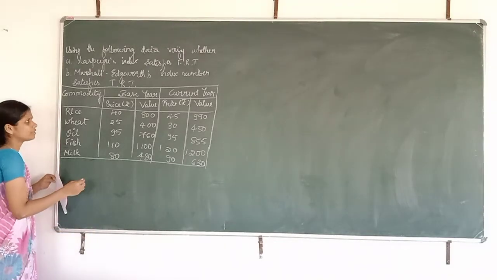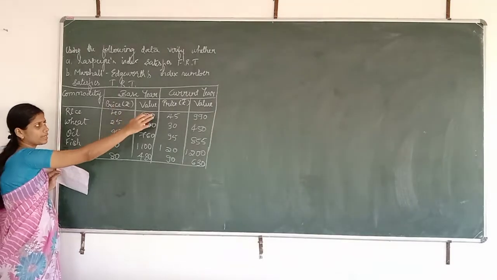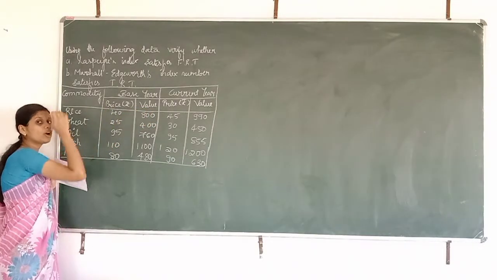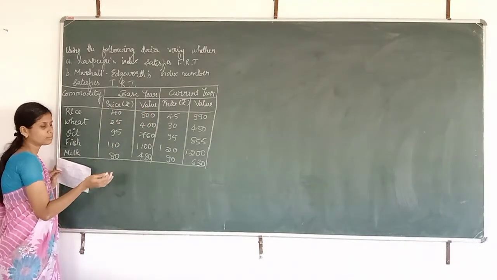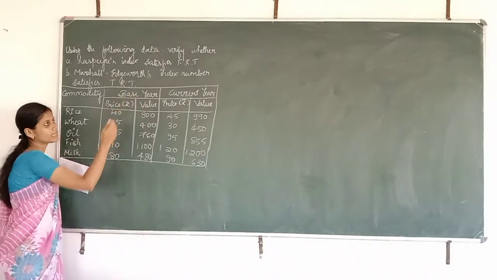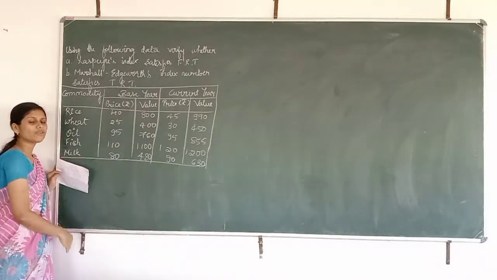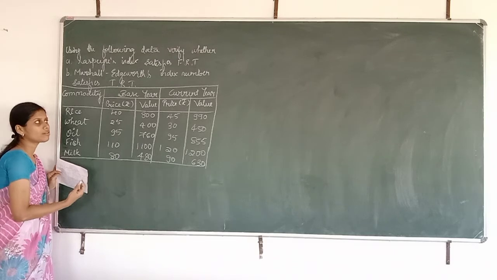Now here, first of all, prices of base year and current year are given and we need quantities of base year and current year. But here, values of base year and current year are given. So first of all, we have to find out quantities of base year as well as current year.